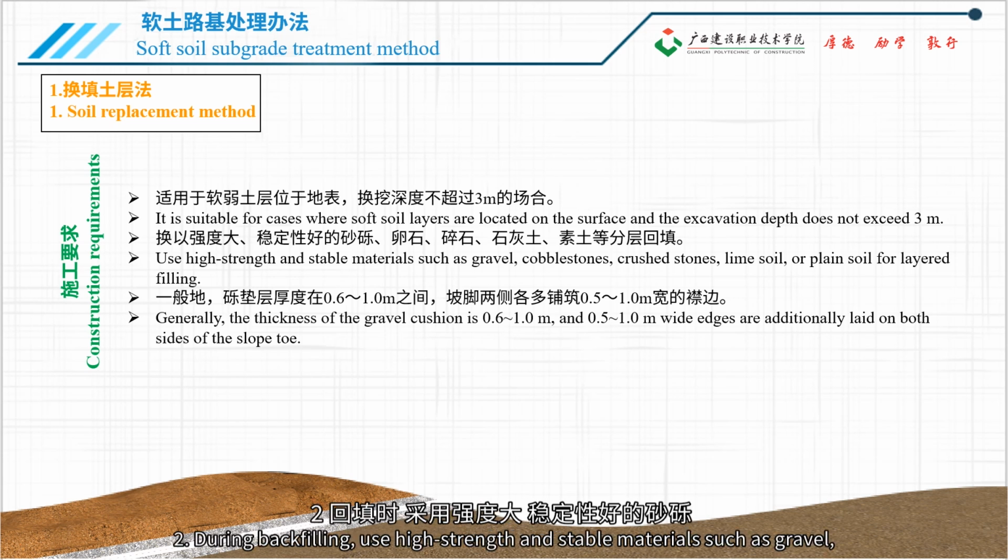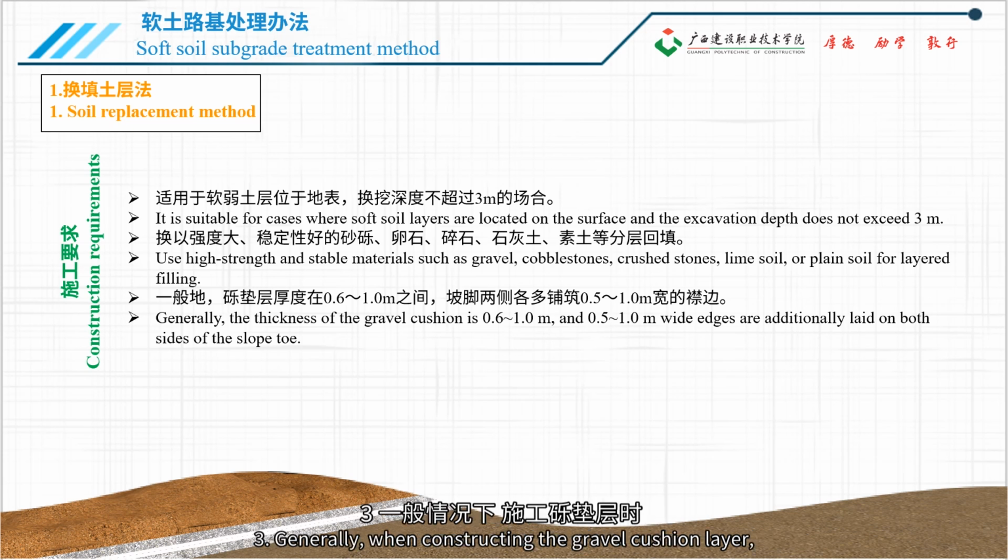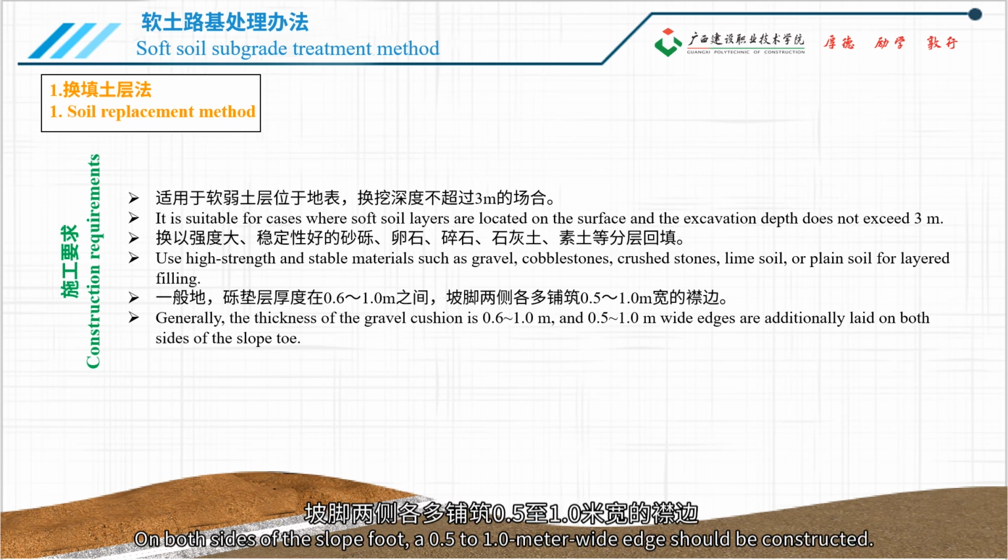During backfilling, use high-strength and stable materials such as gravel, cobblestones, crushed stones, lime soil, or plain soil for layered filling. 3. Generally, when constructing the gravel cushion layer, the thickness should be between 0.6 and 1 meters. On both sides of the slope foot, a 0.5 to 1 meter wide edge should be constructed.